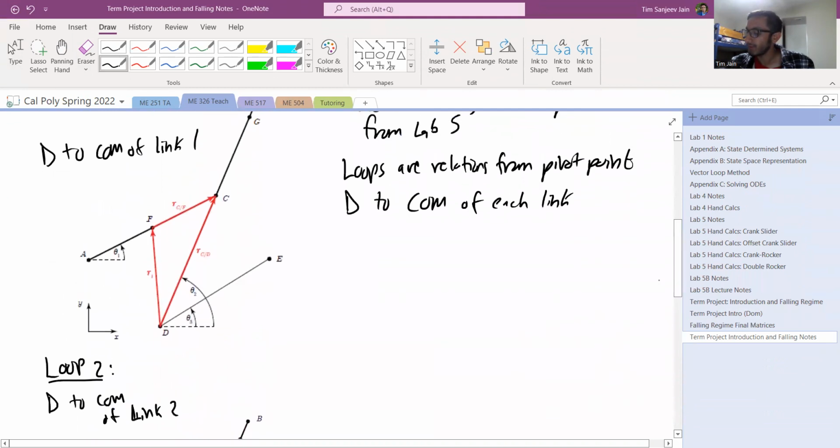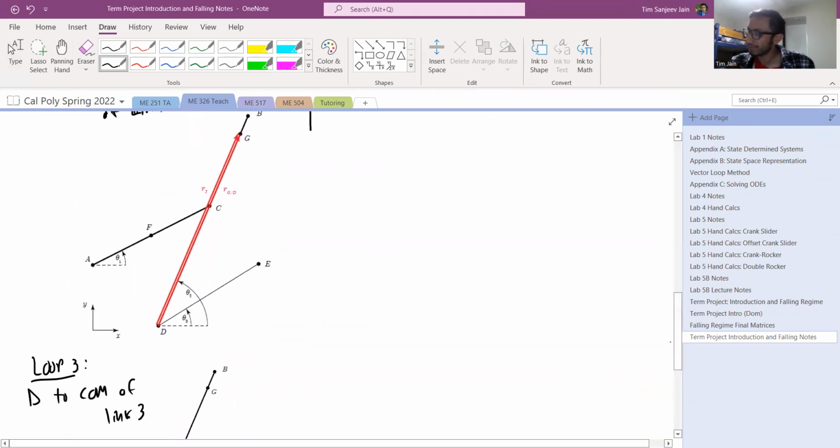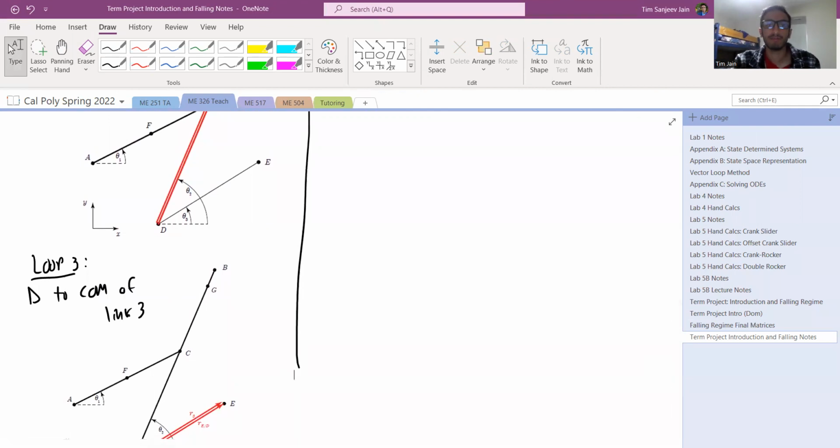Okay, so now that we have this, how do we interpret the 3 loops? How do we combine the equations from the 3 loops all together?